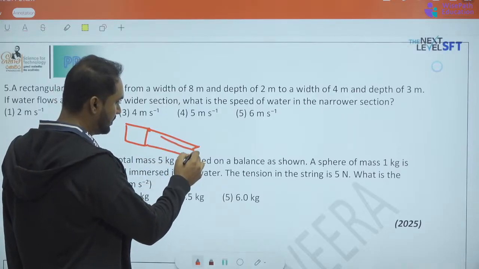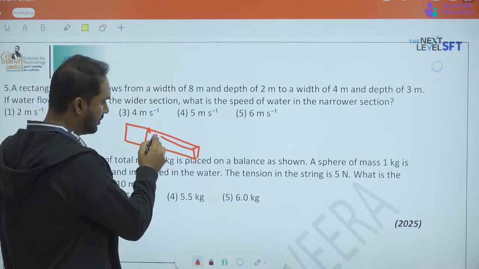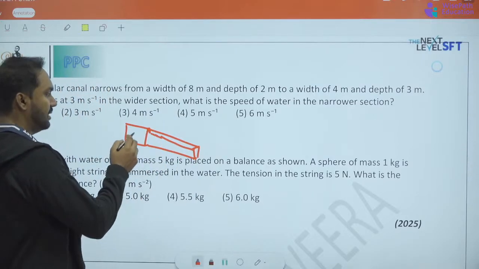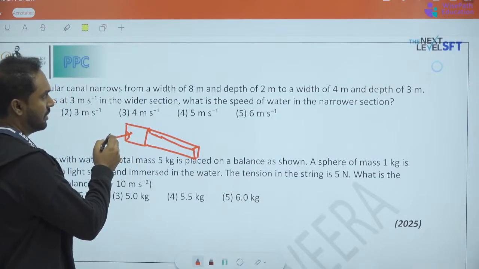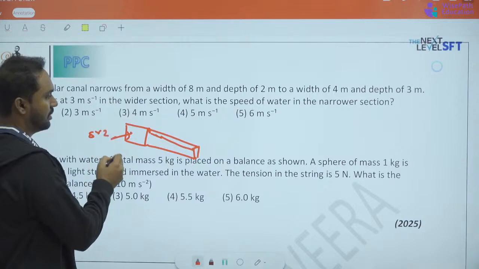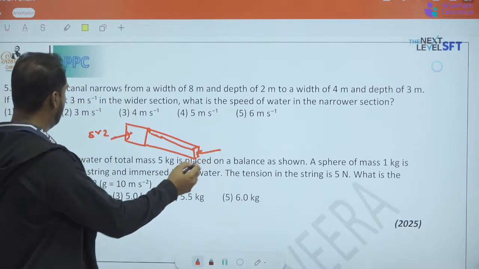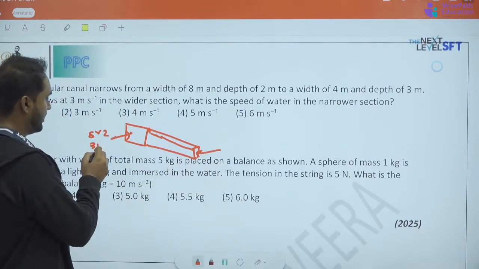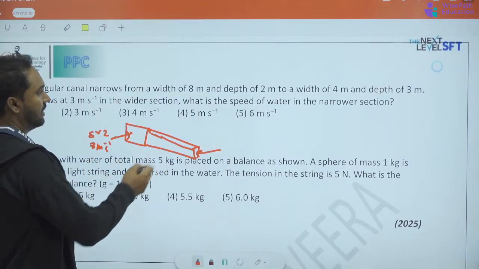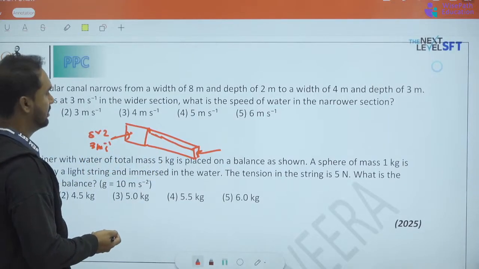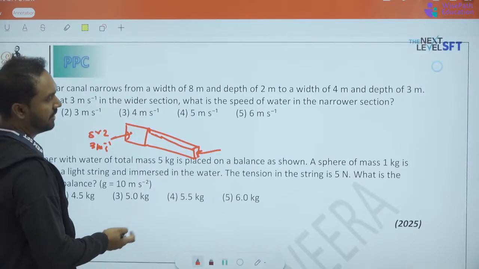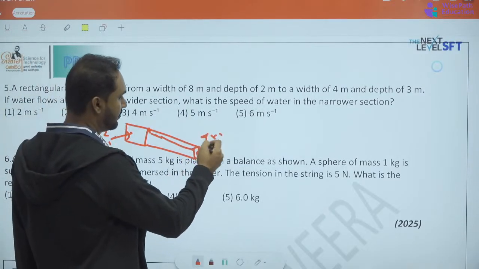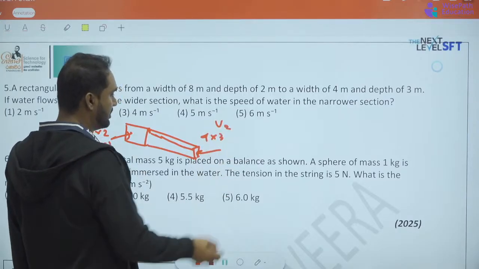The area here is 8 into 2, and the velocity is 3 m/s, and the area at the narrow part is 4 into 3. They're asking the velocity here, I'll take this as v2.